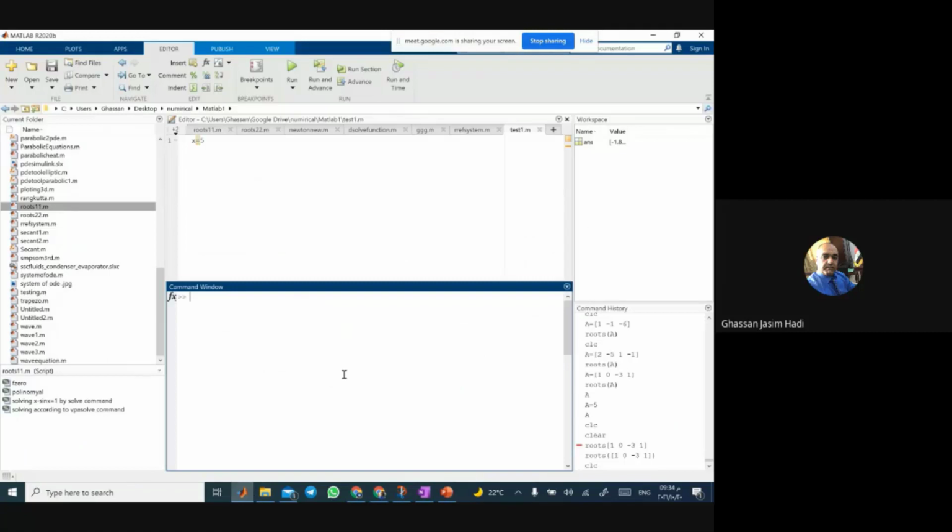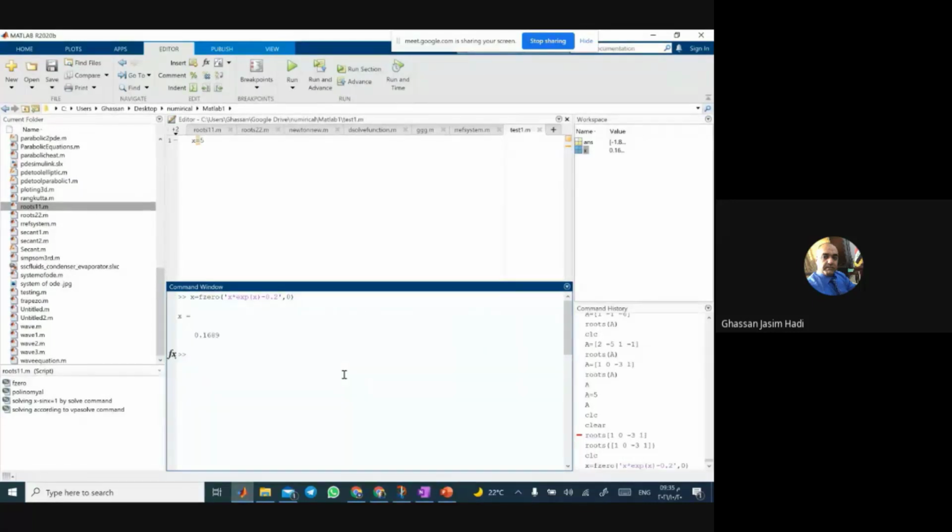Say x equals fzero, parenthesis, and let's put x times exponential x minus 0.2 and close it, and comma, and put for example 0, and then close the parenthesis.